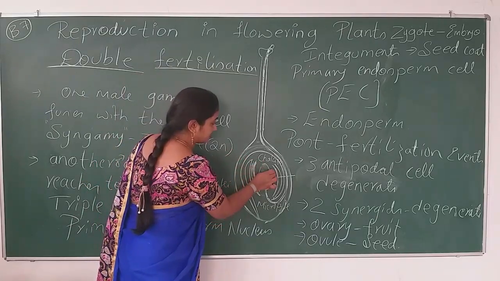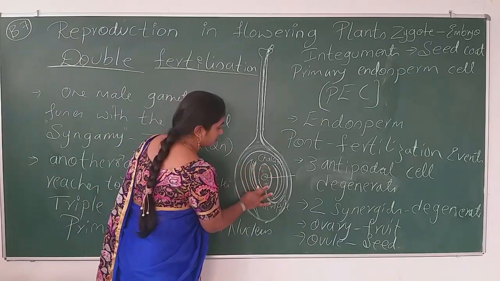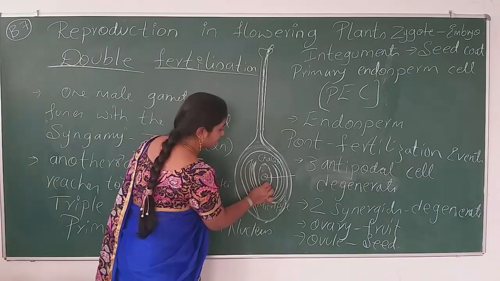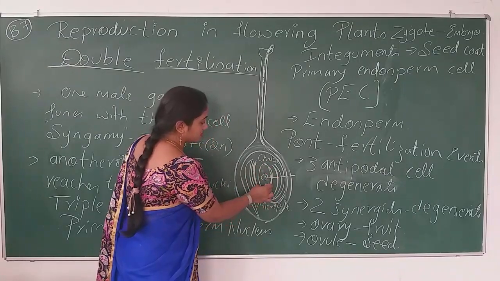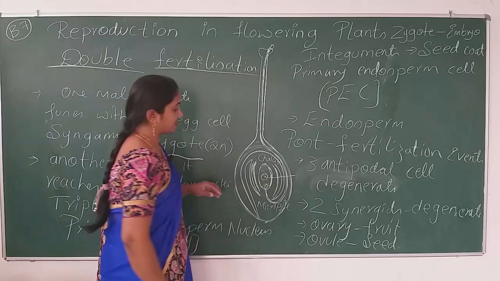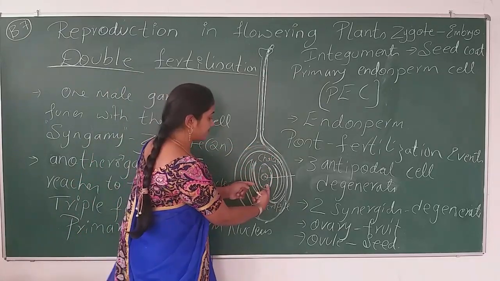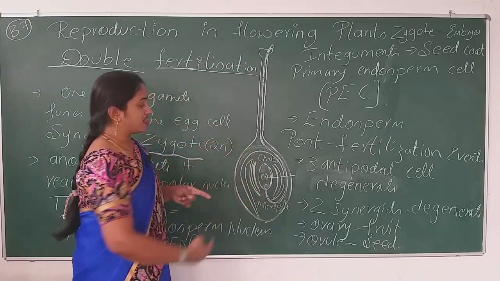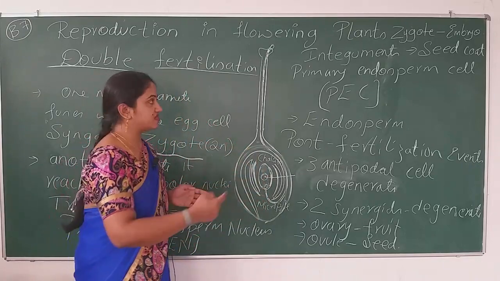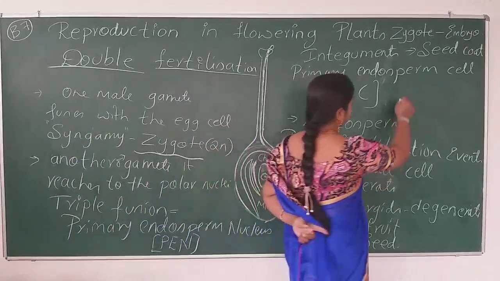Let me erase these all. Here we are having the zygote, here we are having the PEN. So leaving the zygote, that part develops into endosperm.